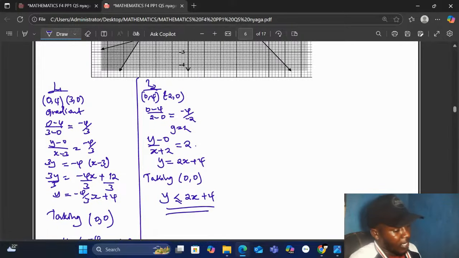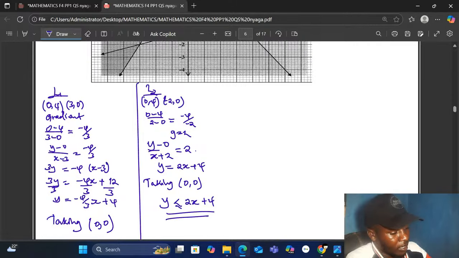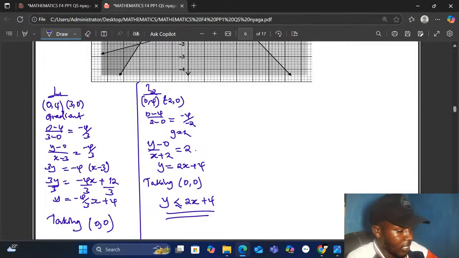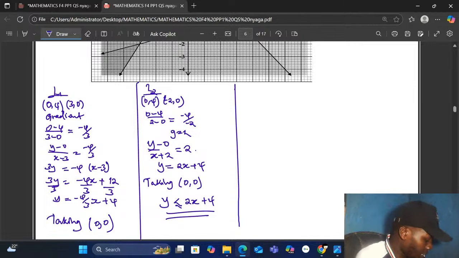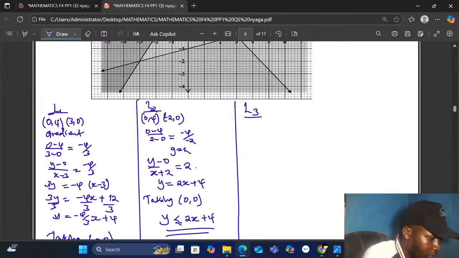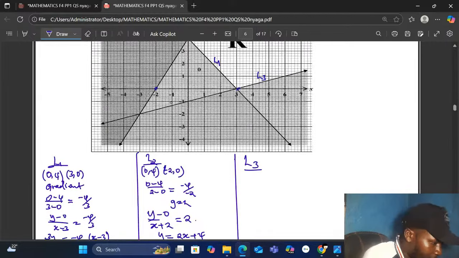Then we finish with the last line, which is line L3. So we also take 2 points. This is now line L3.